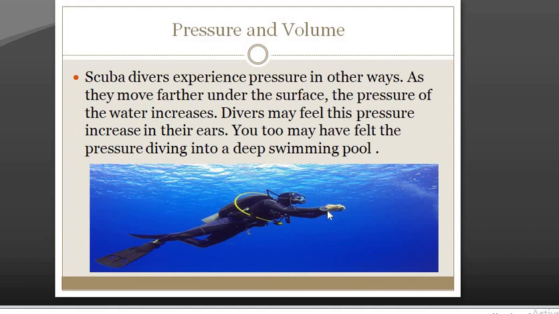Because he moved down inside the water, so he will feel an increase or decrease in pressure when he is inside the water. That is one example of the relation between pressure and volume. When he moves down inside the water, the pressure increases more and more.